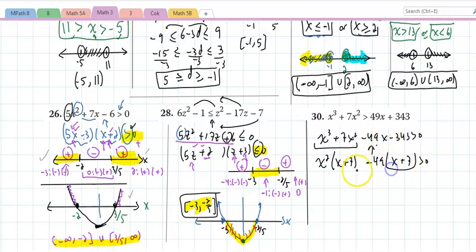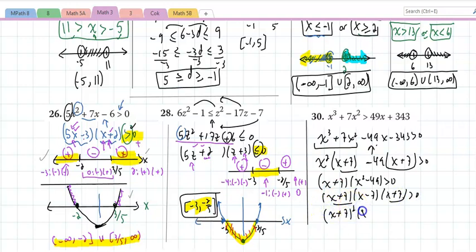And if I factor this out, that is x plus 7 into x squared minus 49. If I take it a step further, factor completely, and I notice those are the same. Now we're going to learn how to sketch a graph of all of those. There's a whole chapter on this.